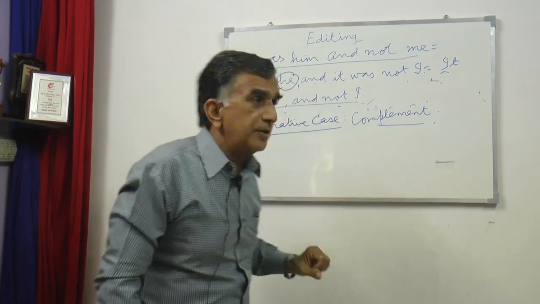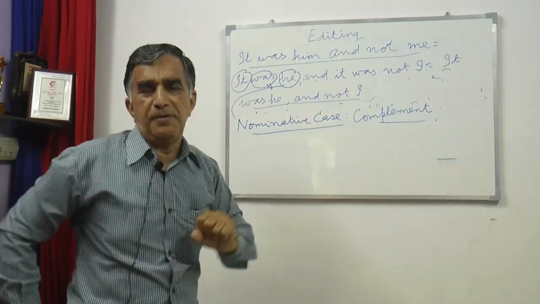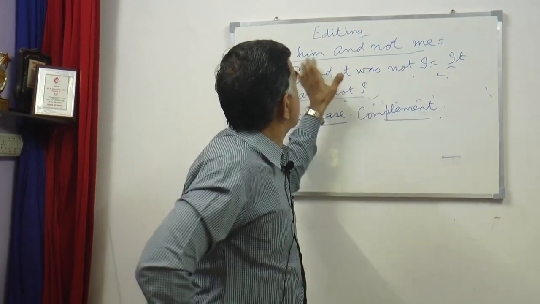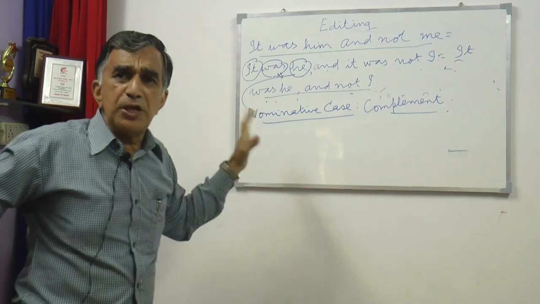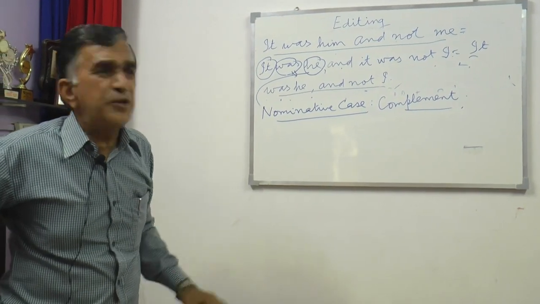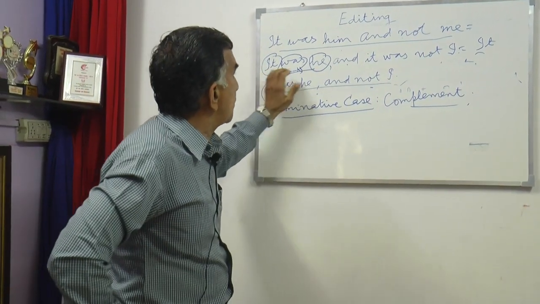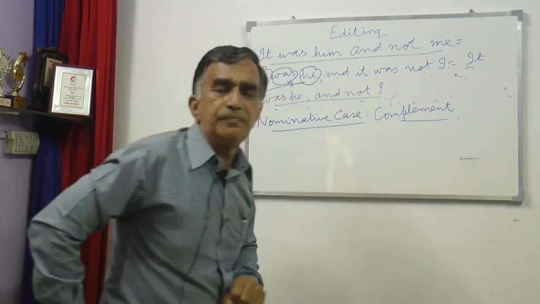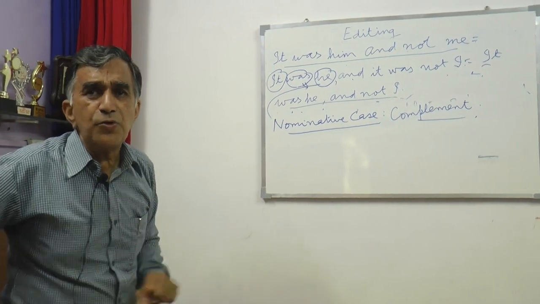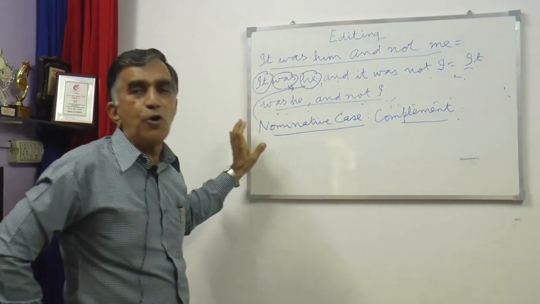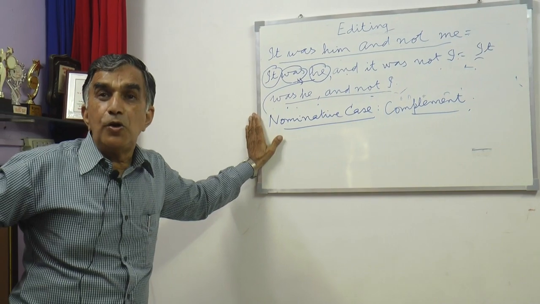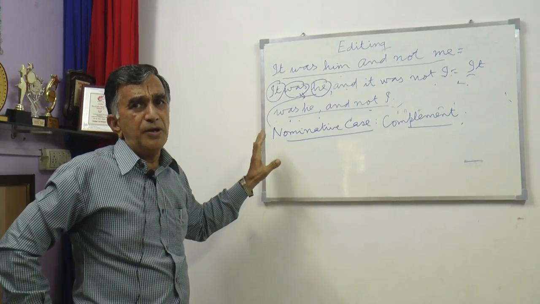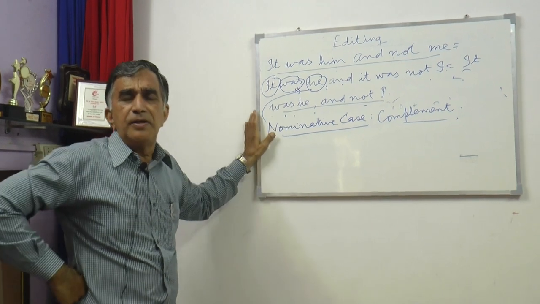The third one is it was he and not I. So this sentence, it was him and not I, gets finally converted into it was he and not I. Now the matter comes, how does it get converted into it was he and not I?